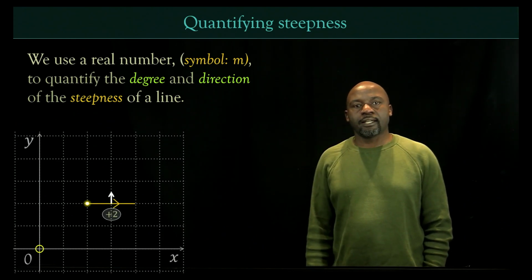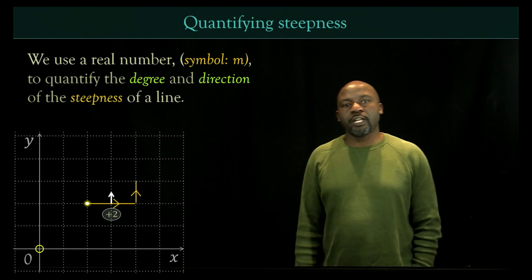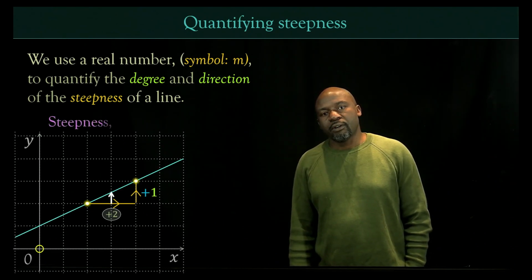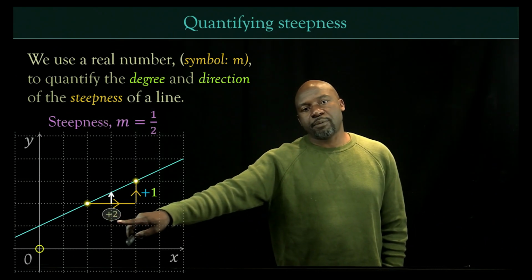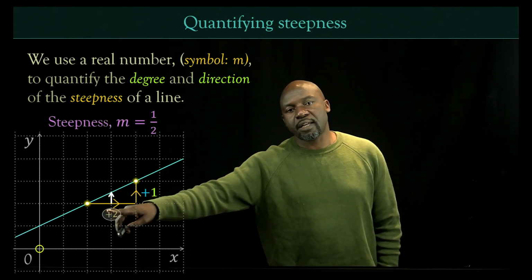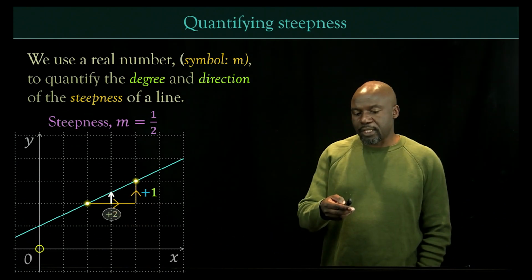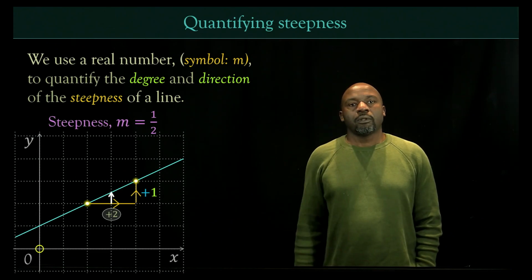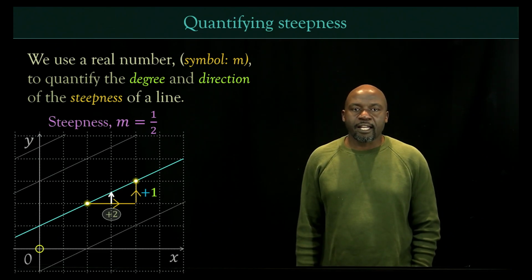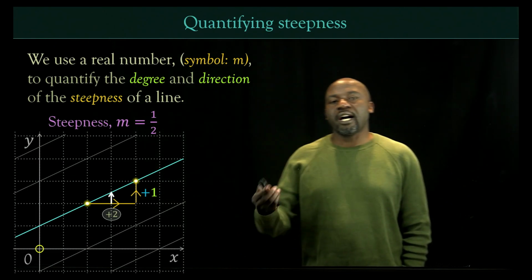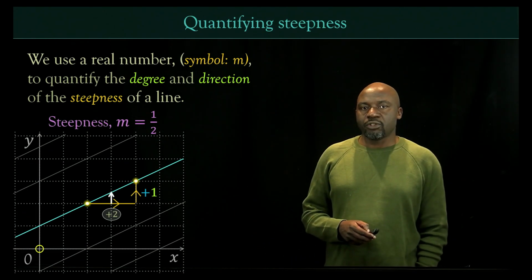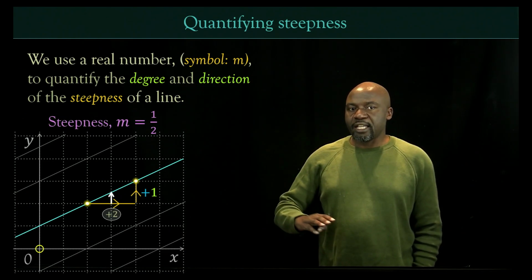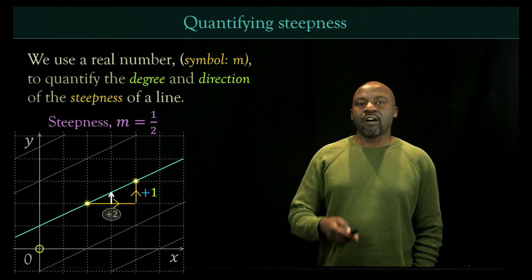A line drawn through this will have two steps resulting in one step, but one step resulting in half a step. So this line has a steepness of a half. And any other line that is parallel to this line will have the same kind of steepness. So the steepness is a measure of the degree at which the line is sloping upwards or downwards.